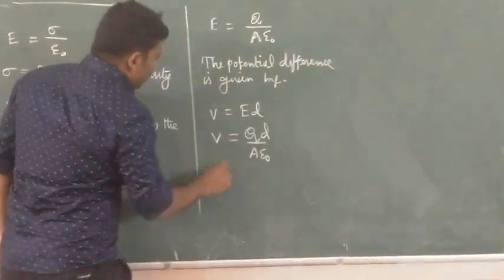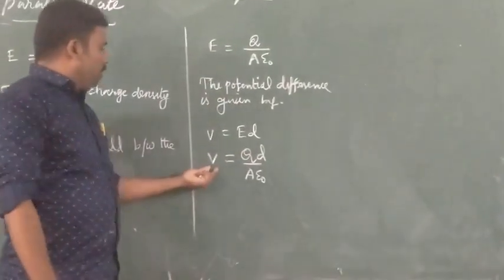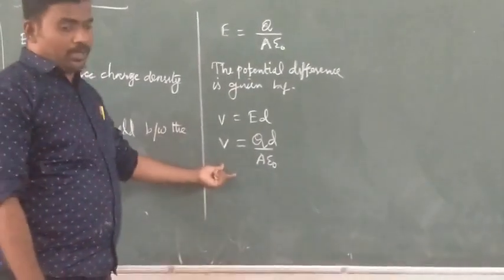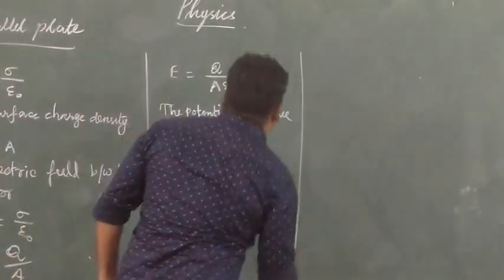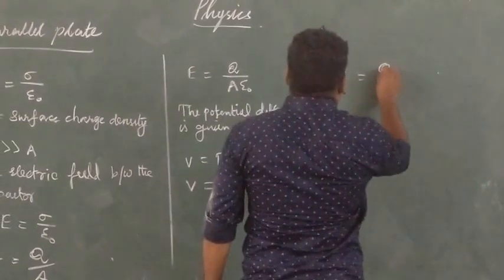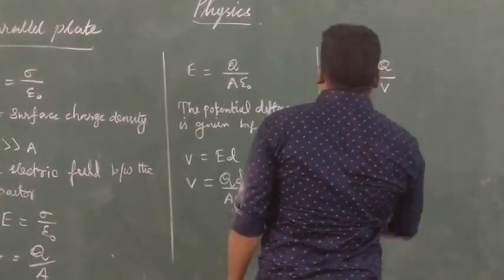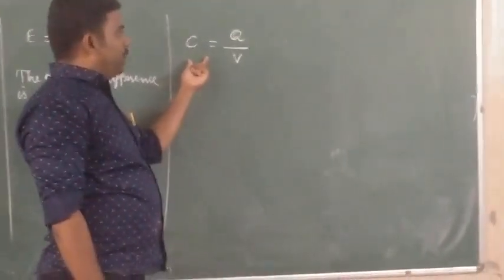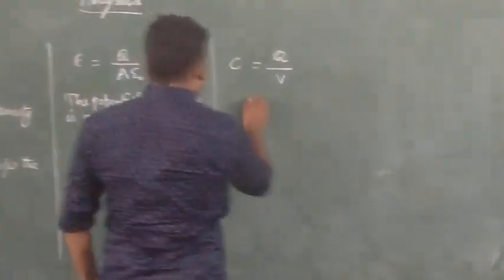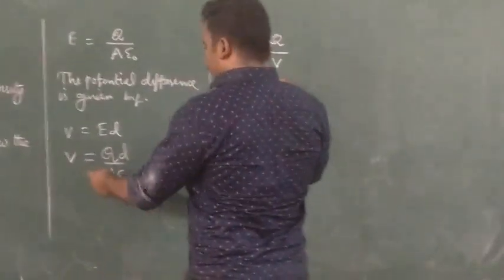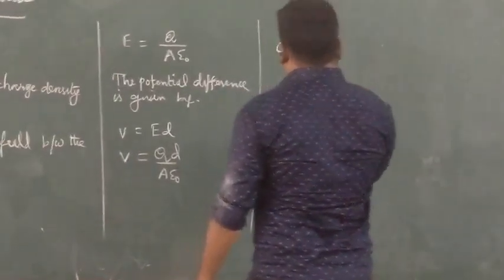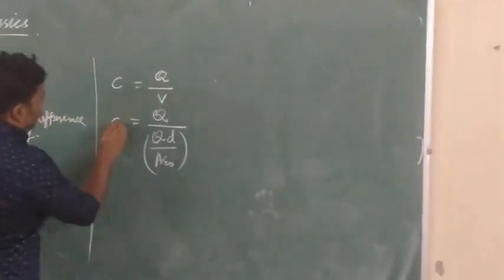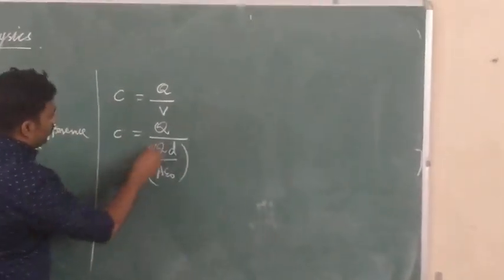So this is the potential difference of the capacitor. Now the capacitance of the capacitor, C equal to Q by V. So this is the general equation to determine the capacitance, Q by V. So we know the value of V. So Q divided by V, simplifying this, Q will get cancelled.